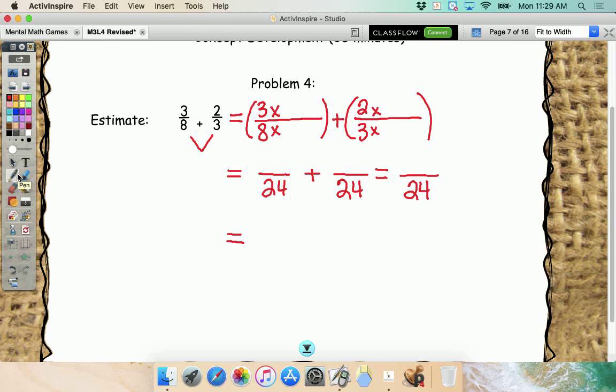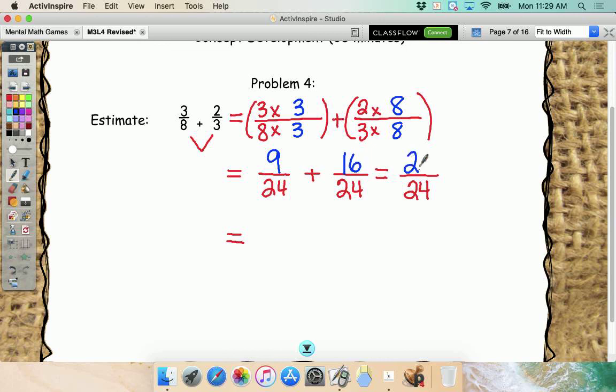Okay, what did you multiply 3/8 times? Look at the 8. What's the opposite denominator? So you're going to multiply it times 3. And table 3, do this one. Look at this denominator. What are you multiplying it by? 8. Good. So I've got 3 times 3 and 2 times 8.